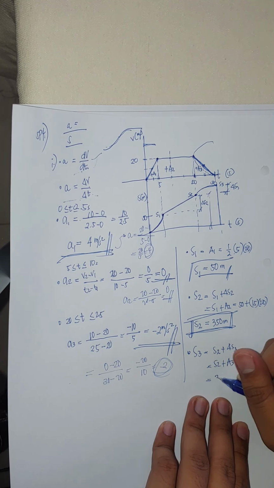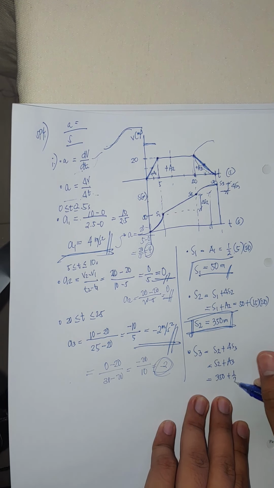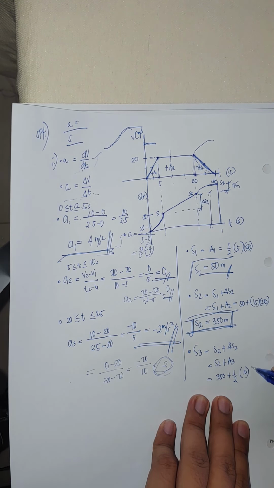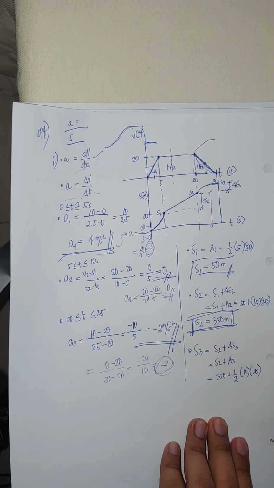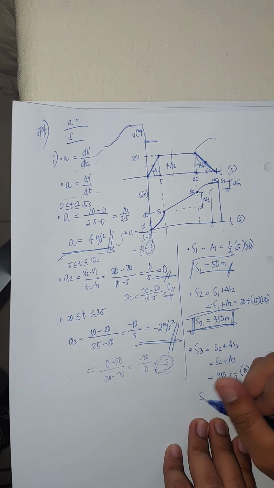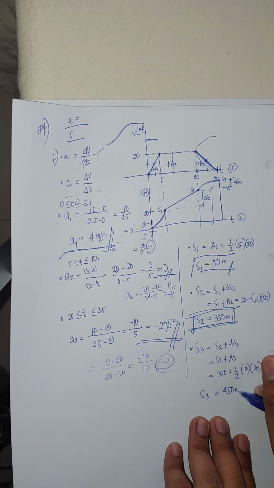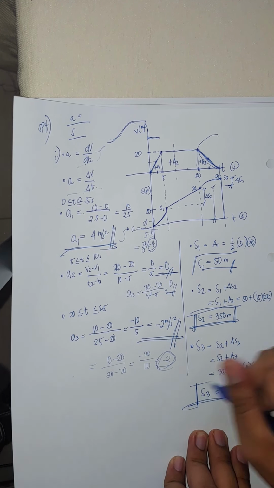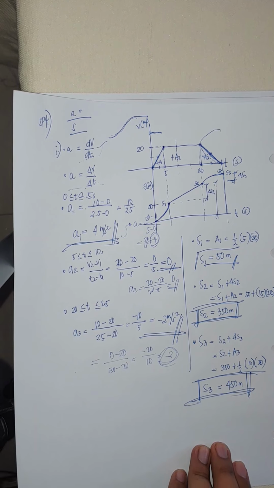So S3 is equal to 350 plus this triangle. 1/2 base times height of 20. 10 times 20, that is 200 divided by 2, 100, plus 350. S3 is equal to 450, position 3. So this is our answer.